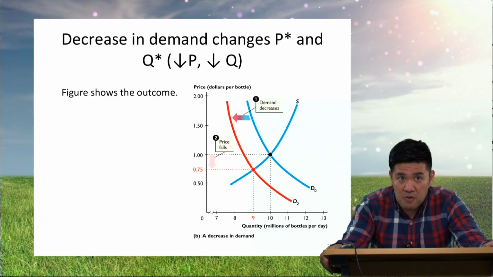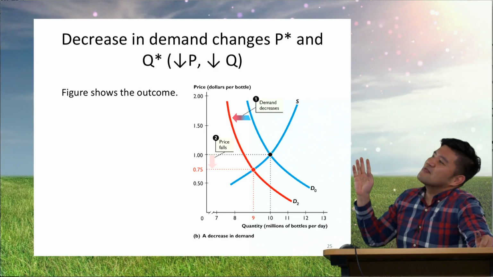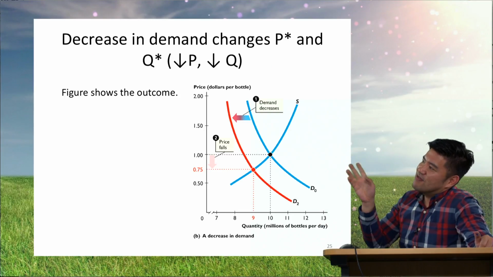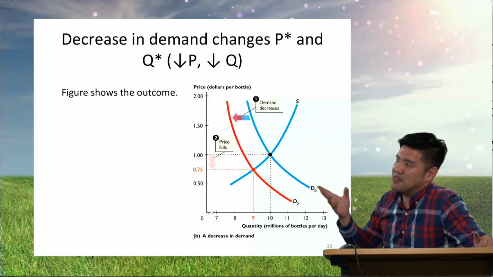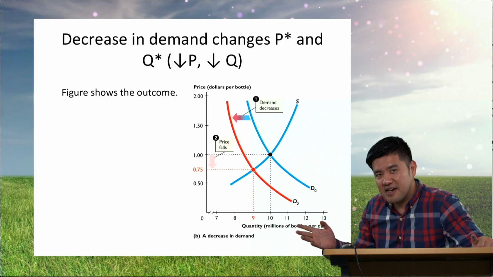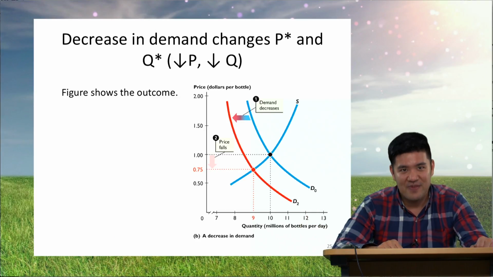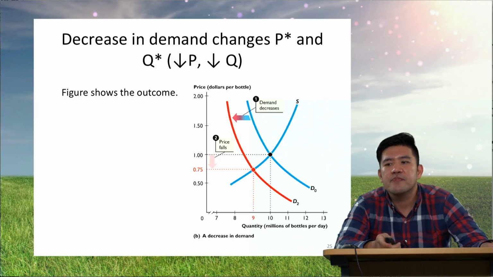So what is going to happen to the demand for property in Australia? It's going to decrease, Tommy. Shift to the left. So market price for property can be expected to drop. Quantity traded can be expected to drop. Okay? Good.